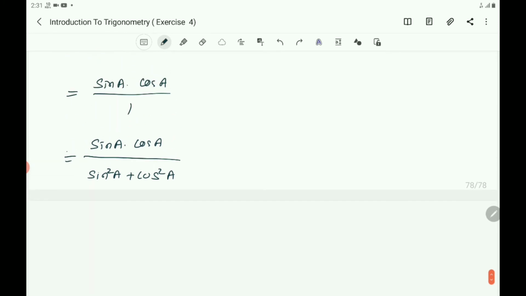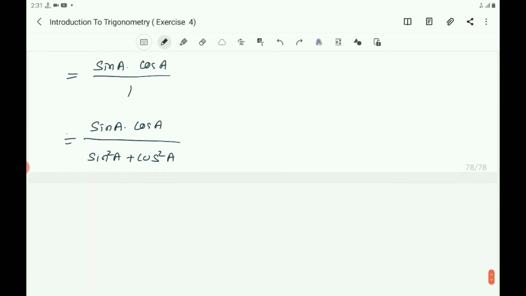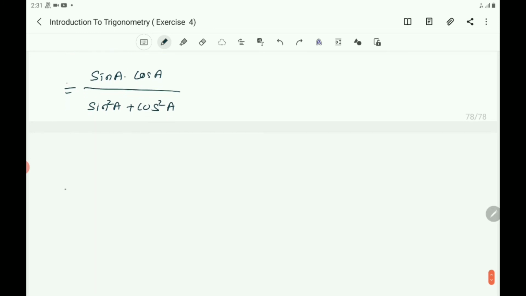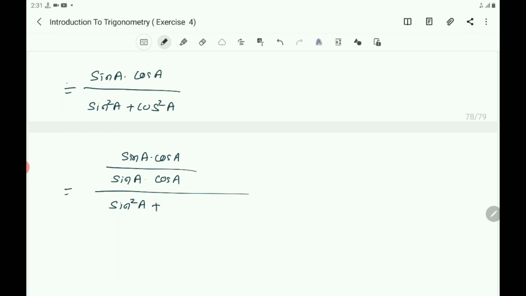Now you divide both numerator and denominator by sin A cos A. So you write sin A cos A by sin A cos A, and also sin square A plus cos square A by sin A cos A. What you have done here?